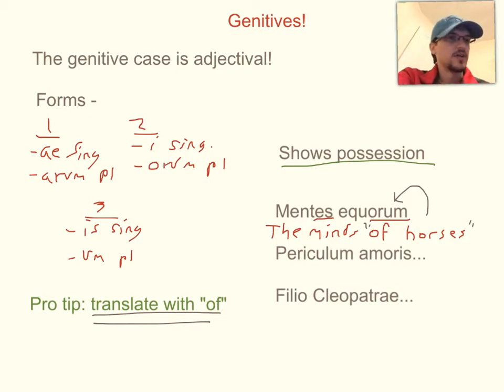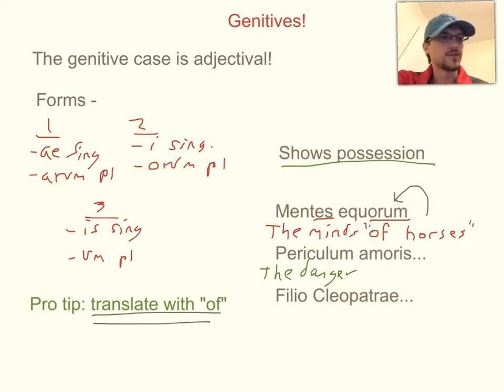The next one, periculum amoris, periculum being the neuter, and it's singular. It doesn't really matter though. It means danger, so we say the danger. And then we have amoris, and we say, oh, it's from amor, amoris. We say that's third declension with that is ending.